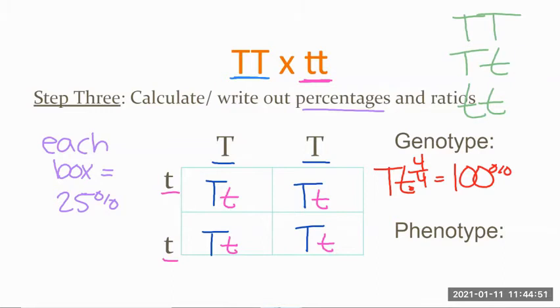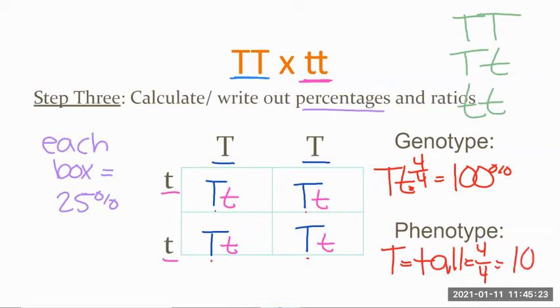For the phenotypes, remember the phenotypes are the physical characteristics. And we know that the dominant is tall and the recessive is short. So here, because all I see are dominant alleles, there's only dominant traits. That's all I see. So again, just like in the genotypes, we have 4 out of 4 that are tall.